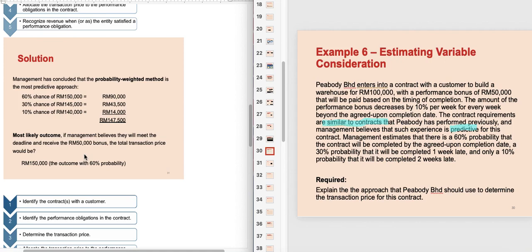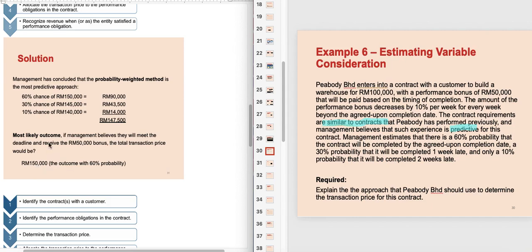But if you say that the outcome will only be 2, so the management would say that they will meet the deadline and receive the 50,000 bonus, or that they will delay. So if based on the most likely outcome, they will identify the transaction price as 150,000.